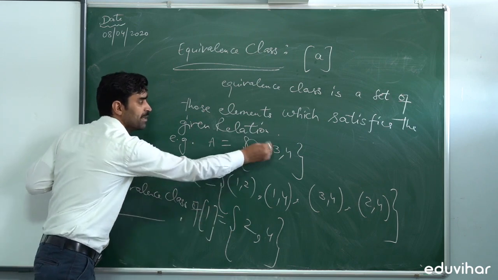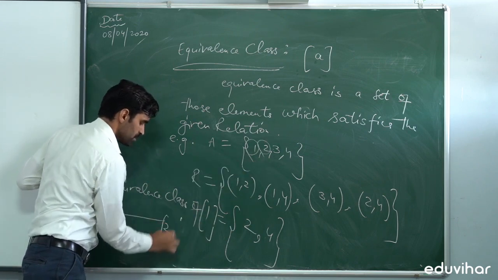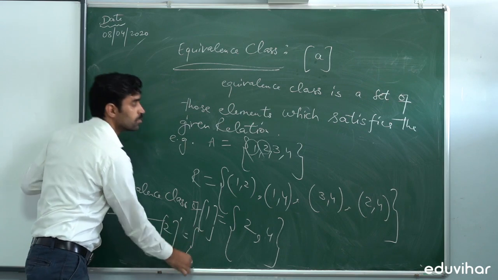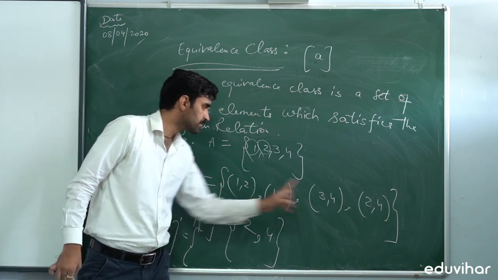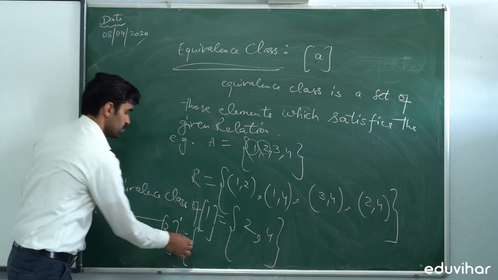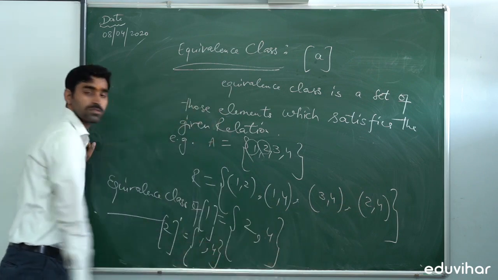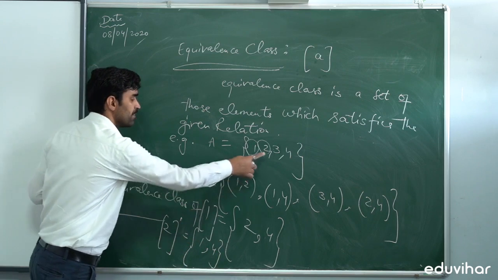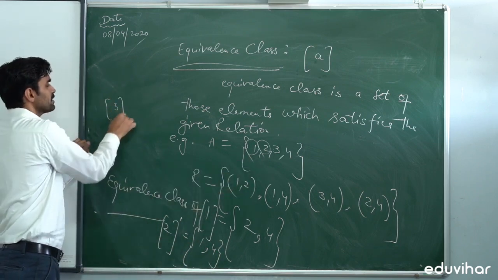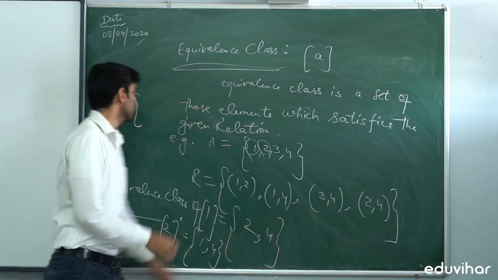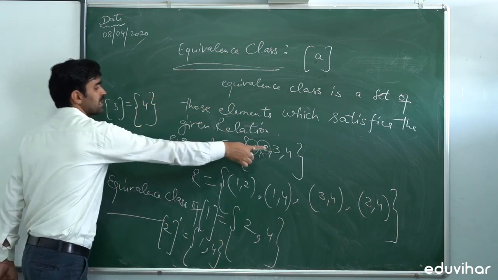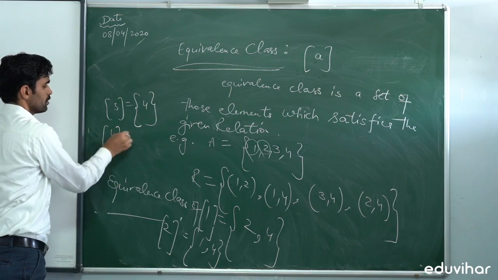Equivalence class of element 2: ordered pair 1 and also 4. Equivalence class of element 3 is only 4.